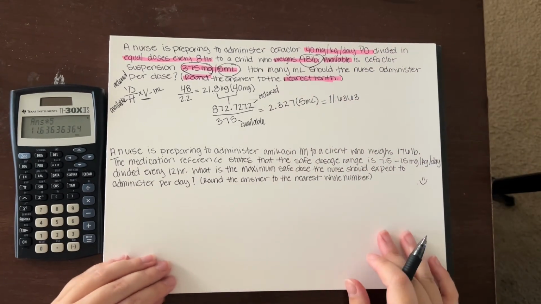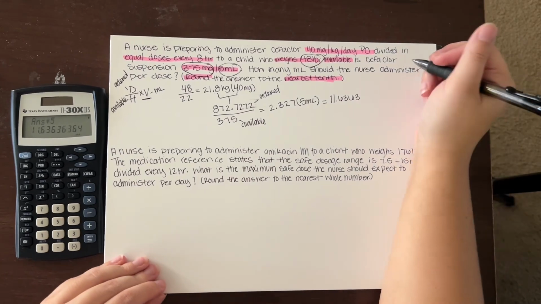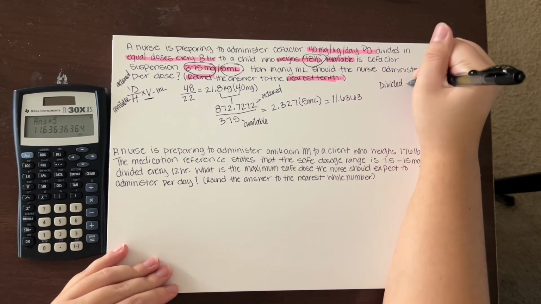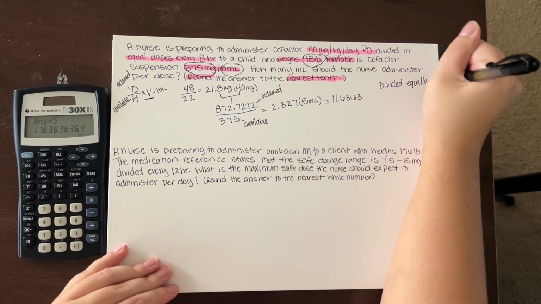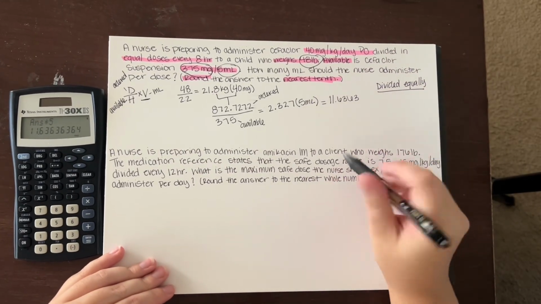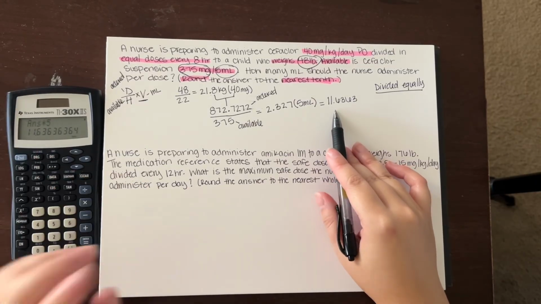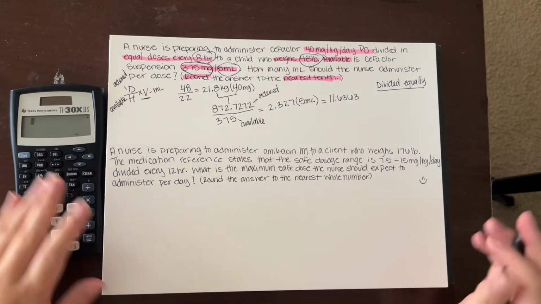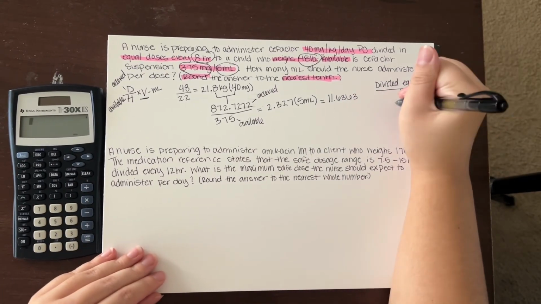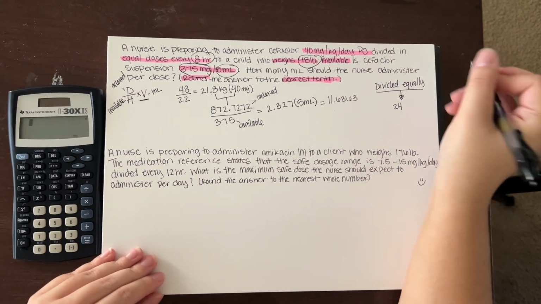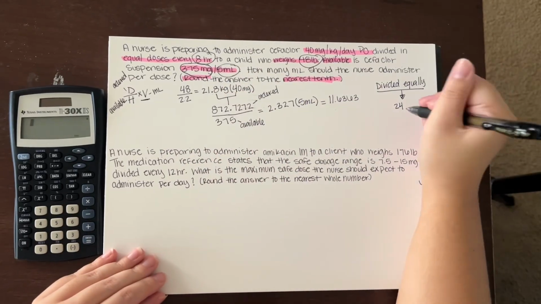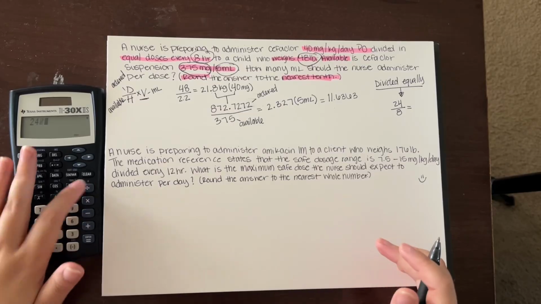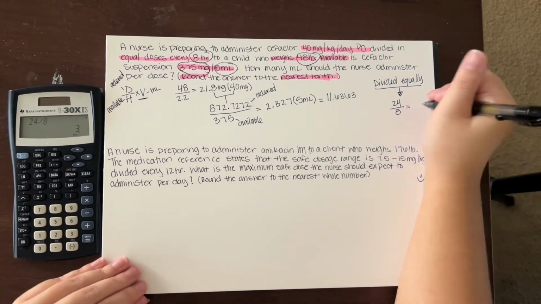And since it's divided equally, just keep in mind, every time it says divided equally, we have to divide our final answer by how many hours. So you'll do 24, because there's 24 hours in a day, and it's every 8 hours. So you'll divide 24 by 8, and that's 3.